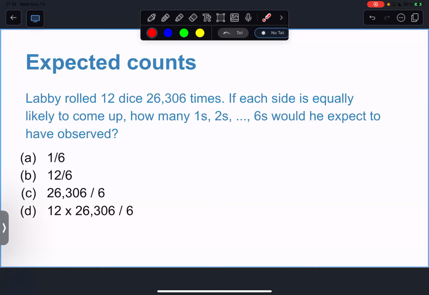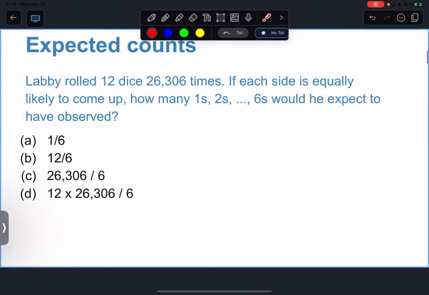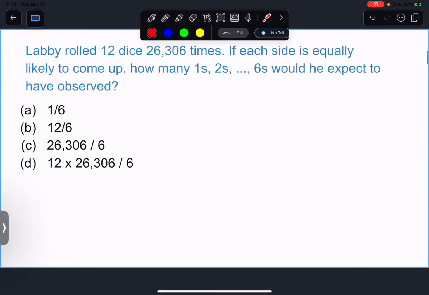And if each side is equally likely to come up, how many ones, twos, and so on would he expect to have observed? 12 dice, right? So not 1/6, because we're talking about counts now. How many counts are we expecting? 12 dice. Well, 12 divided by 6. None of these make sense except for this one.